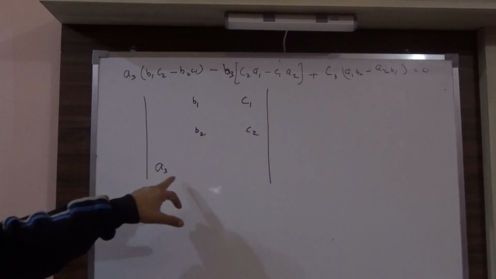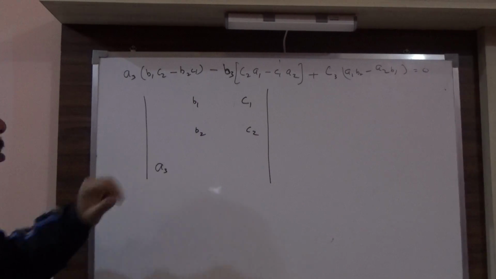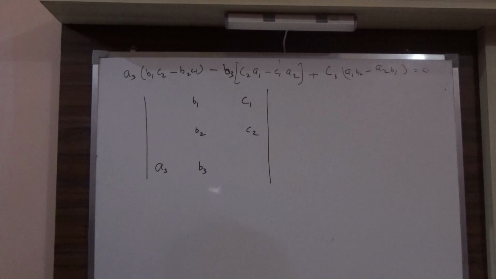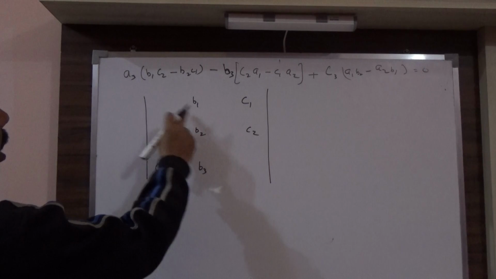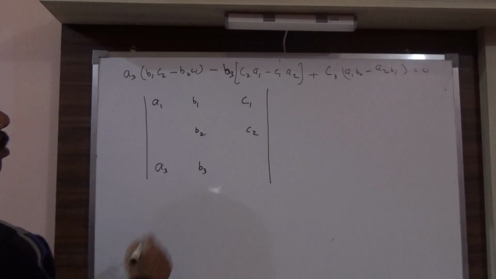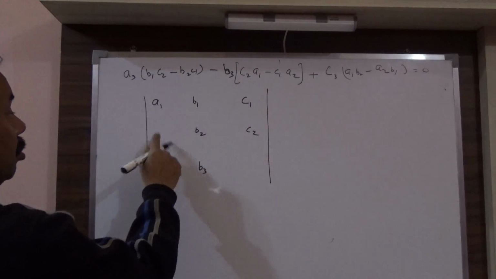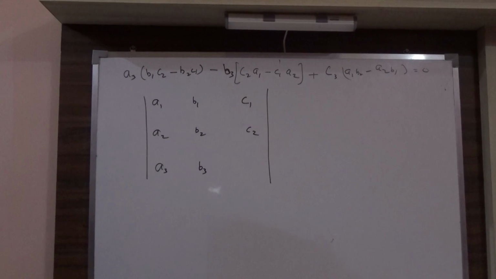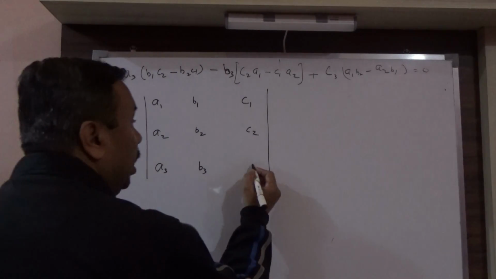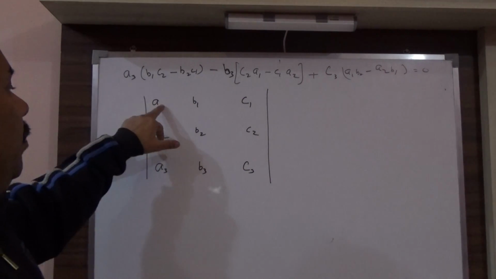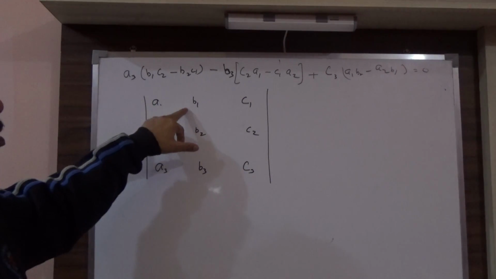Then the second term, as you know, it will be with minus sign, so minus B3 multiplied by (A1C2 minus A2C1), and similarly the third, C3 multiplied by (A1B2 minus A2B1).